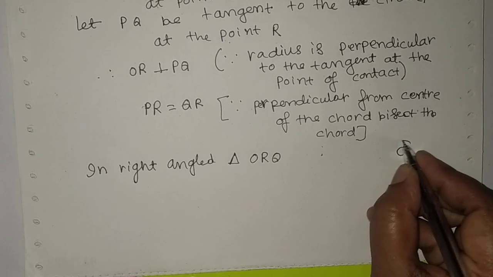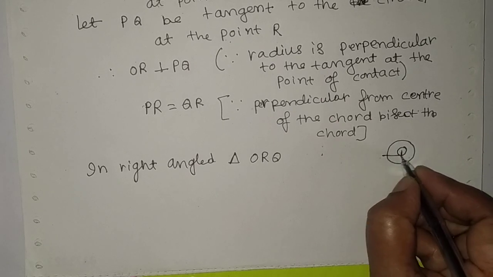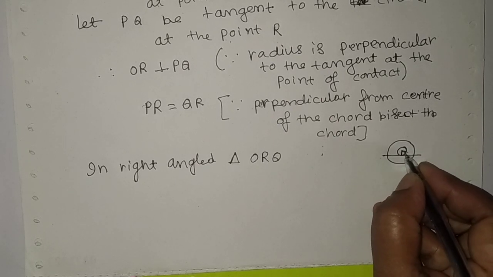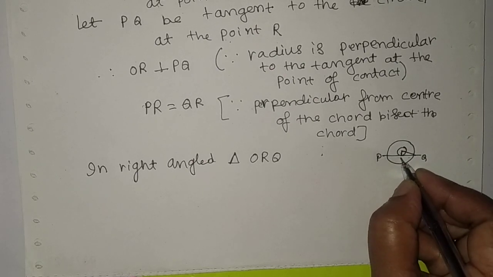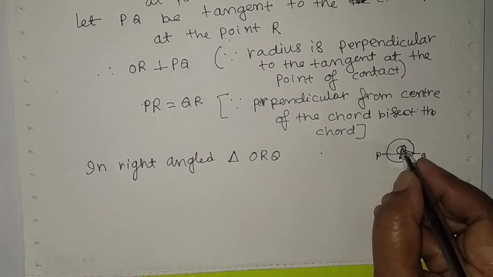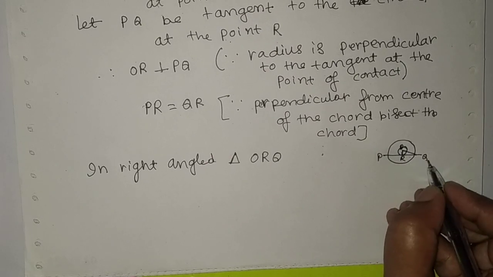I'll just write here. So these are the two circles. This is the chord and this is the radius. This is PQ. Then this is R and this is O, that is the center of the circle.